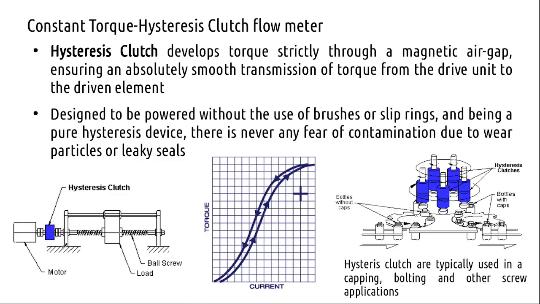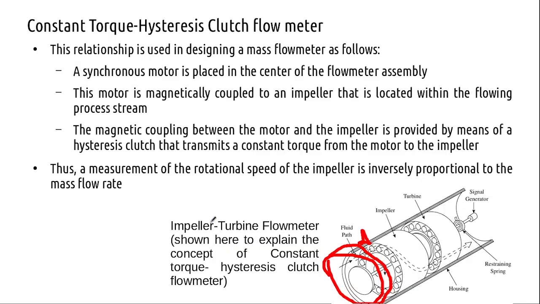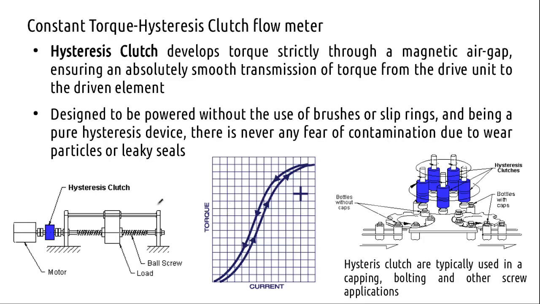Here you see the motor, which is the driving unit, and this is the driven element, and you are coupling by an air gap. We will go back to this again. What I am explaining is what a hysteresis clutch is.